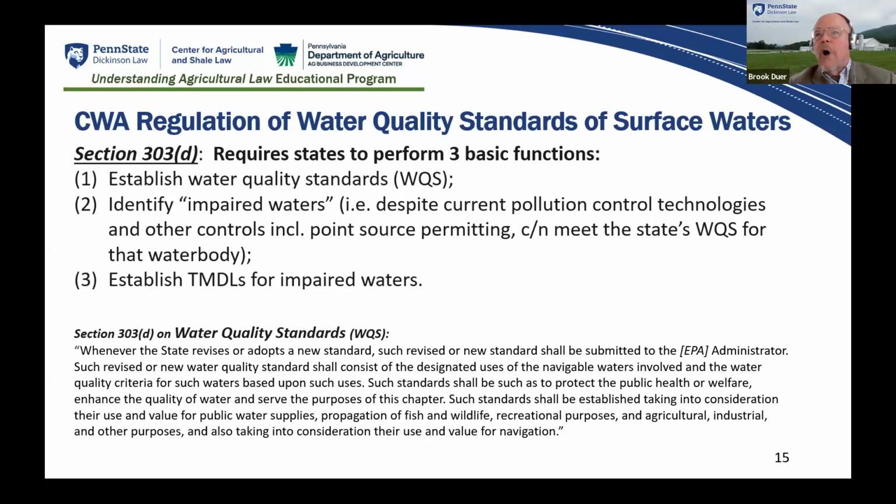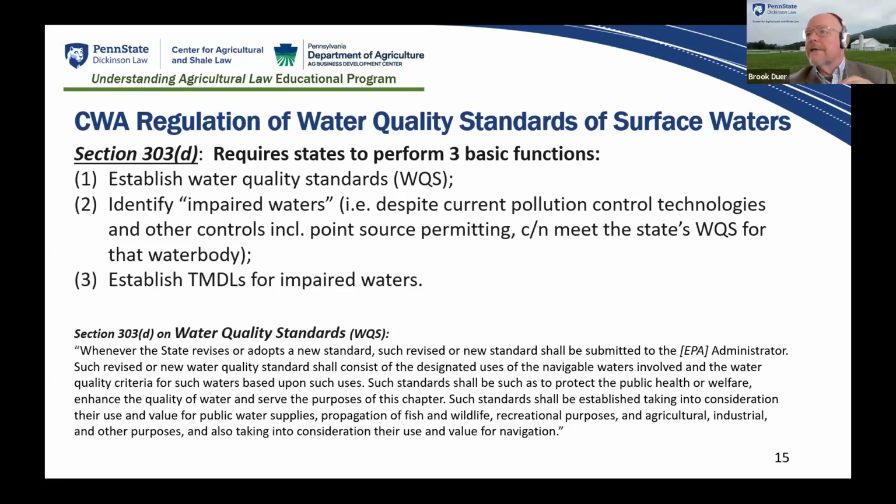Such revised or new water quality standards shall consist of the designated uses of the navigable water involved and the water quality criteria for such water based upon such uses. Such standards shall be such as to protect the public health or welfare, enhance the quality of water, and serve the purposes of this chapter.